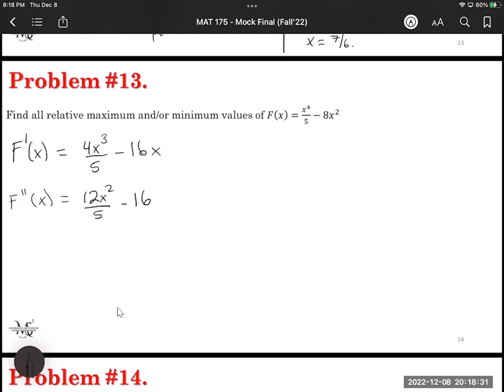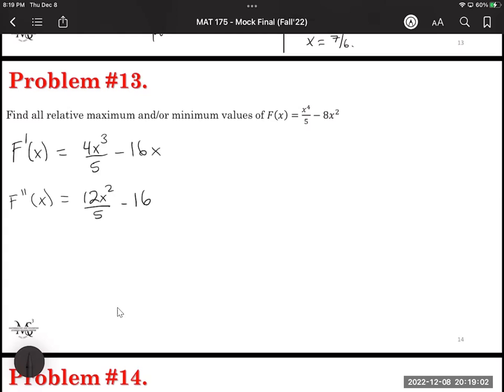All right, good. So we got our two derivatives. But again, keep in mind I'm going to use the second derivative test. Little f is this big F right now, just my notation. The function name was capital F of x equals x to the fourth over 5 minus 8x squared. So that's why the derivatives are capital F prime and F double prime.